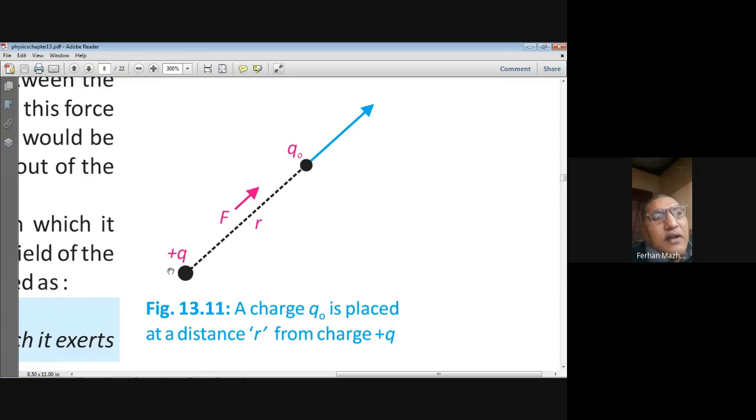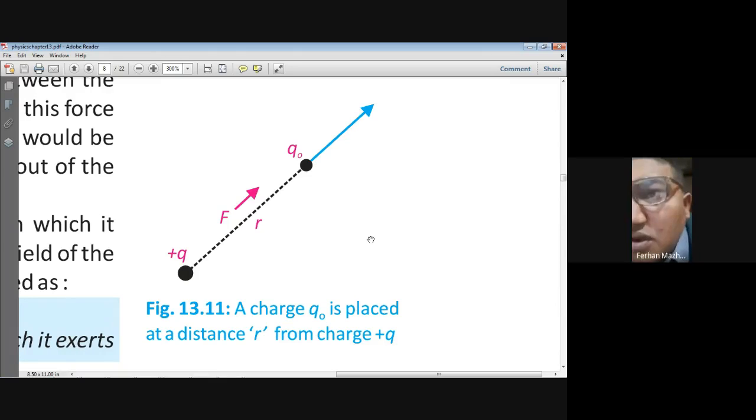Around this positive charge Q, we have a certain area, a certain space, a certain region. In that region, if I bring another charge, that charge will experience an electrostatic force. That charge will experience a force of attraction or a force of repulsion.